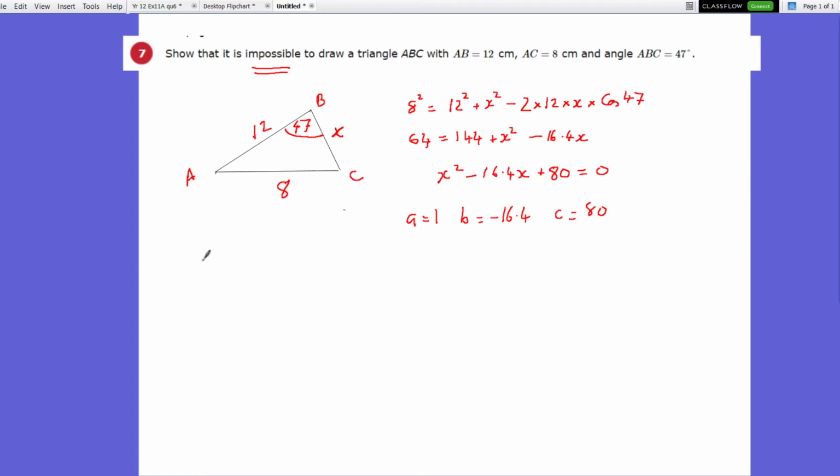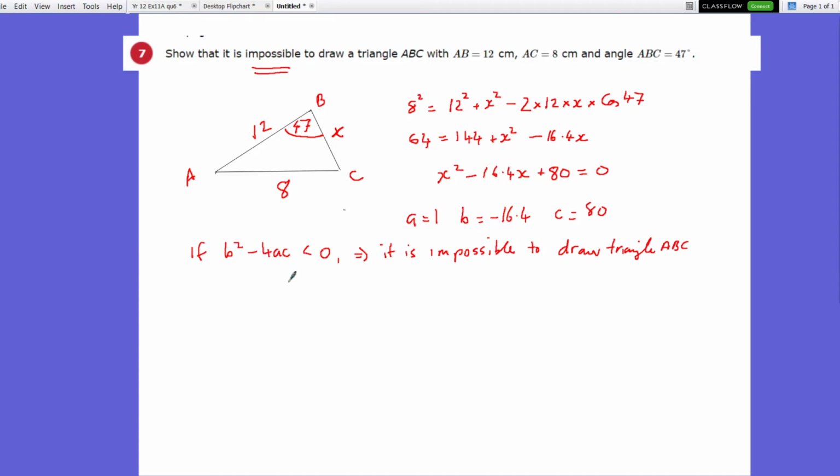So if b squared minus 4ac, which is the discriminant, is less than 0, this implies it is impossible to draw triangle ABC, as there are going to be no solutions here.